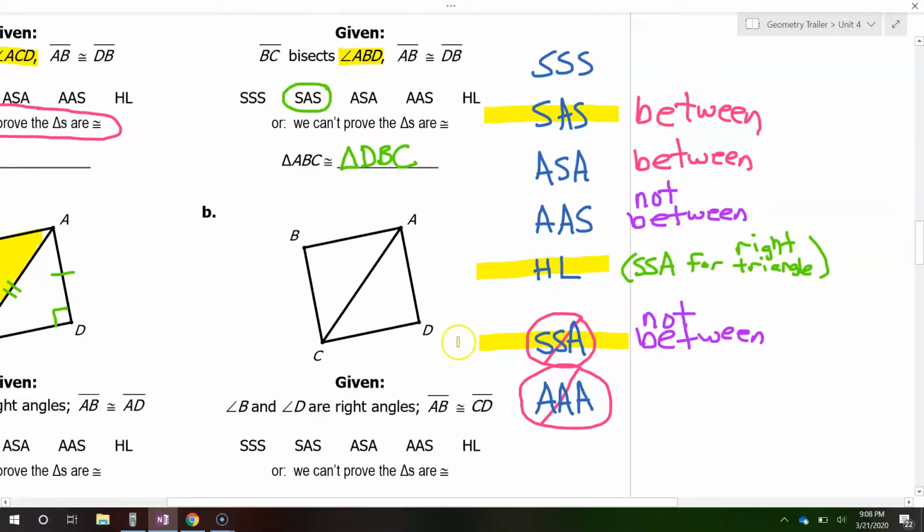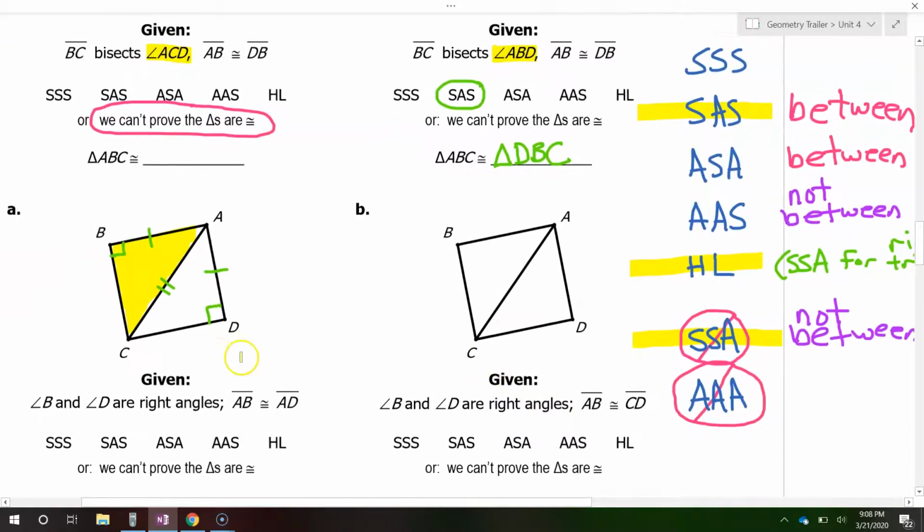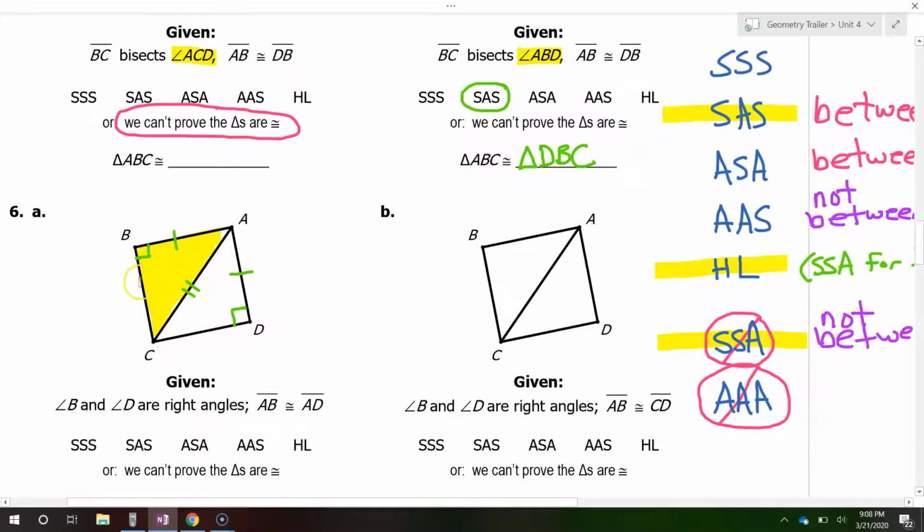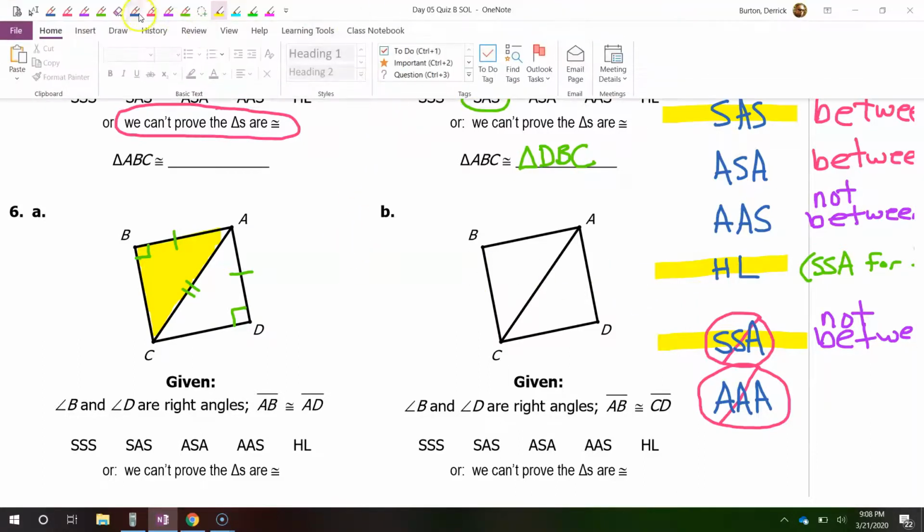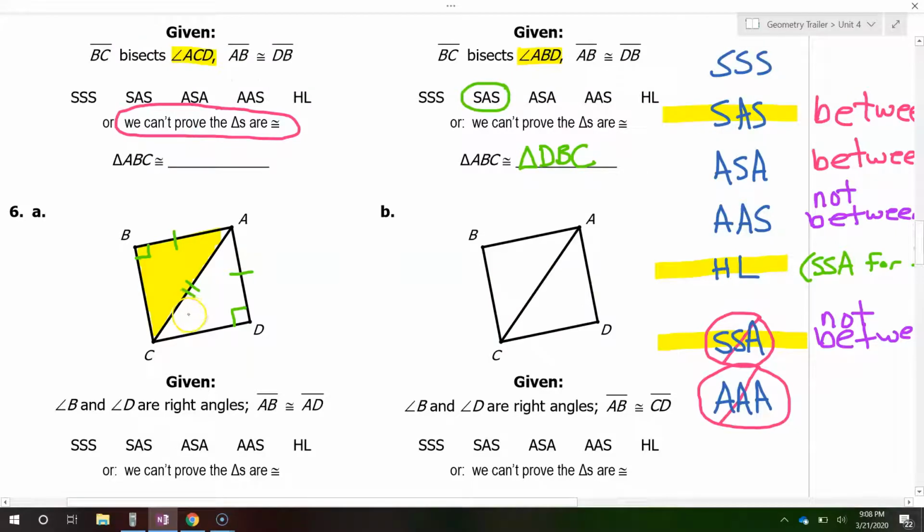Always start with hypotenuse leg. It has to be a right triangle for hypotenuse leg to be possible. We do have right angles, so maybe. So now let's just look and see, is it the hypotenuse and a leg? Well, this is the hypotenuse of the yellow triangle.